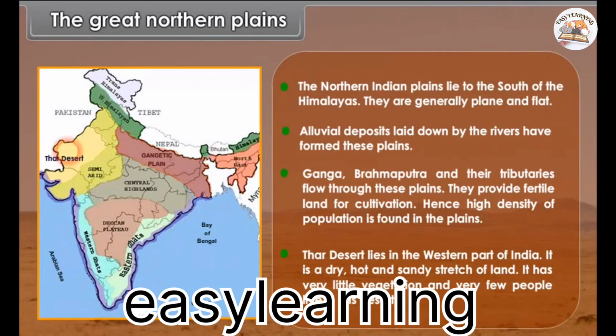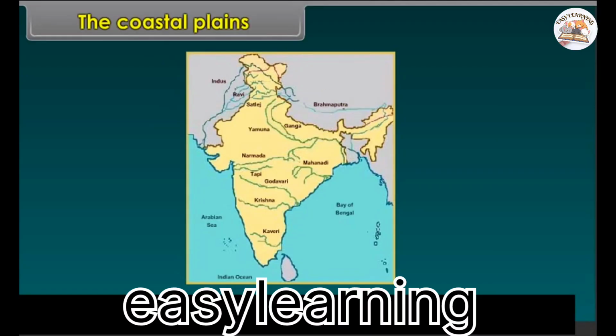They provide fertile land for cultivation. Hence, high density of population is found in the plains. Thar Desert lies in the western part of India. It is a dry, hot and sandy stretch of land. It has very little vegetation and very few people live in this desert.